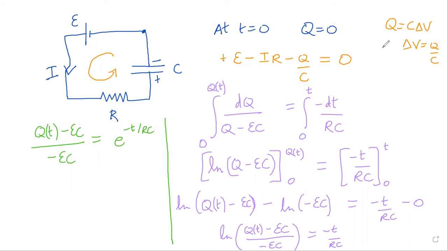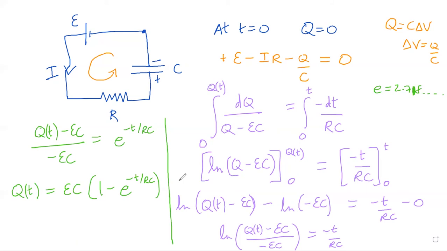So in other words, we're using e is equal to 2.71828, etc. Moving things over and solving for q of t, we end up with EC times 1 minus e to the minus t over RC. So this gives us the charge q as a function of time.